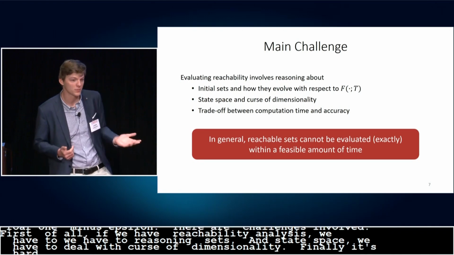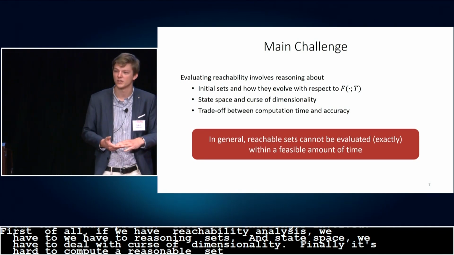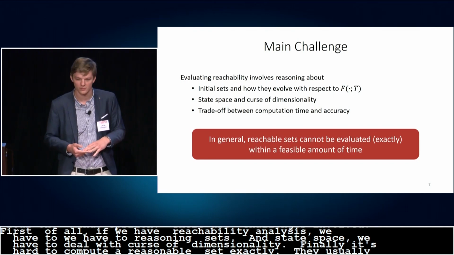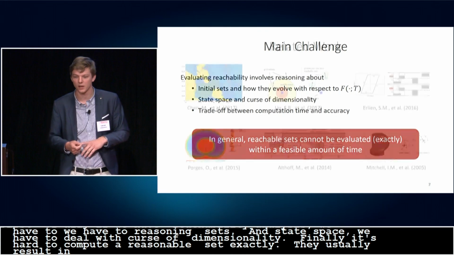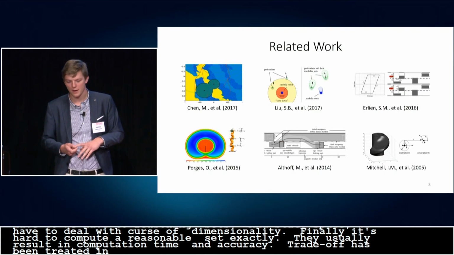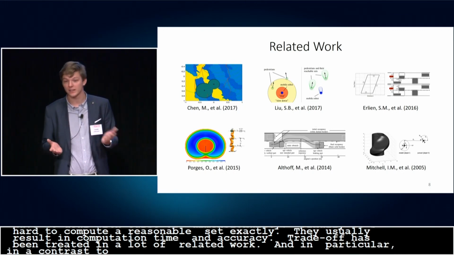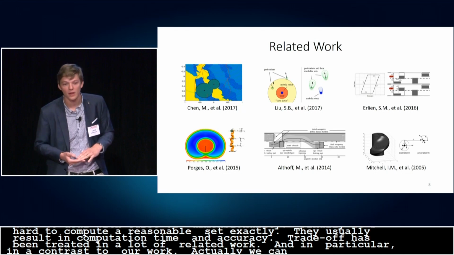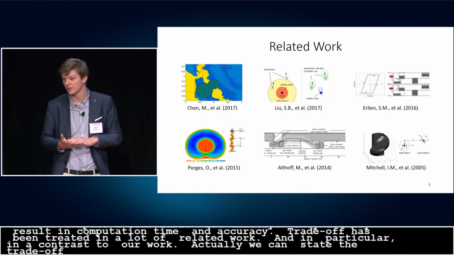So we have to defer to approximation techniques, and they usually exhibit some kind of trade-off between computation time and accuracy. Now, this trade-off actually has been extensively treated in a lot of related work. And in particular, in contrast to prior work, in our work, actually, we can explicitly state that trade-off between computation time and approximation accuracy in terms of the sampling complexity from the initial set.